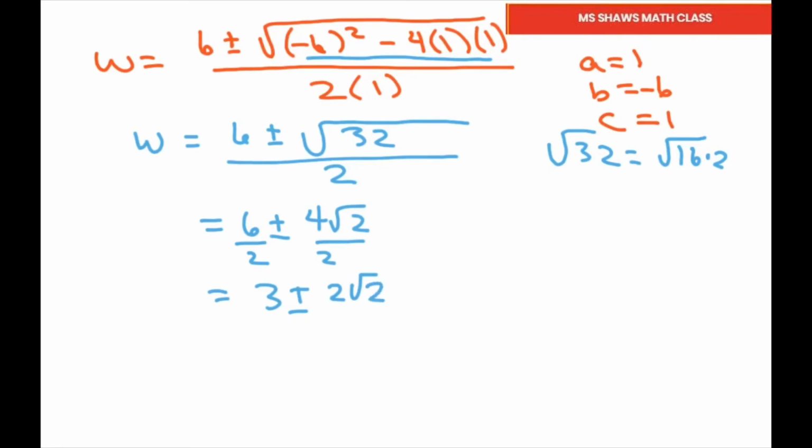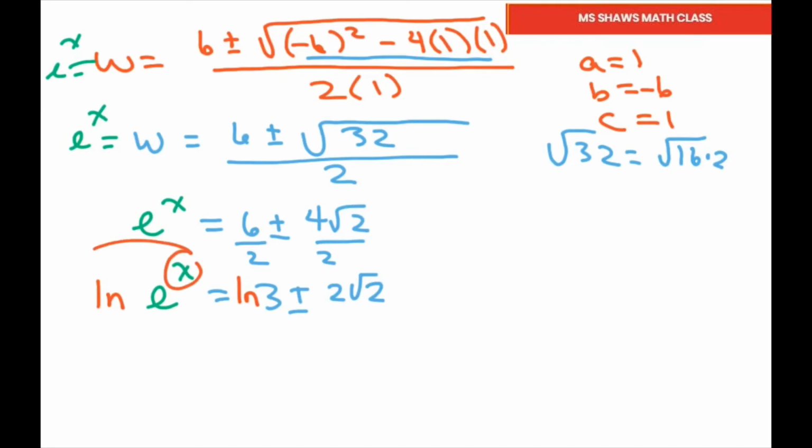All right, but this was w, and now I'm going to change it to e to the x. You could have just done this from the get-go, because we substituted. So now you take ln of both sides. Ln of both sides, this x goes in front, and ln of e is 1.